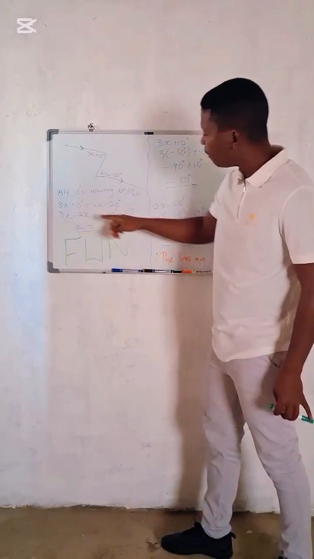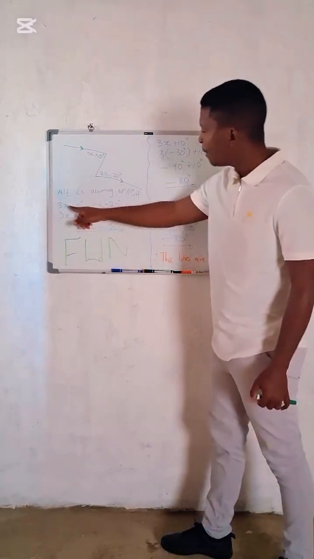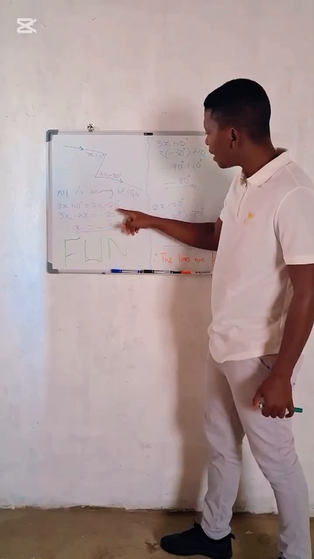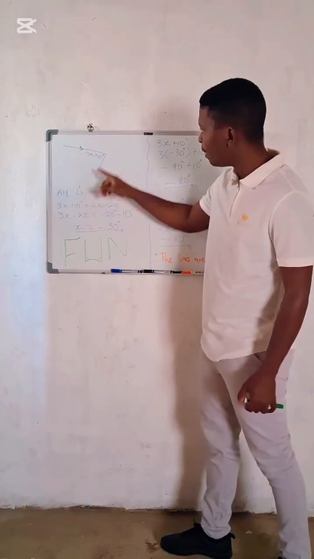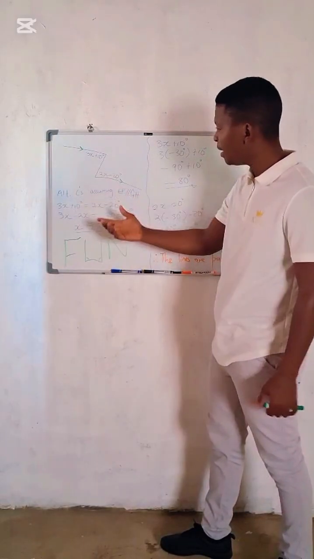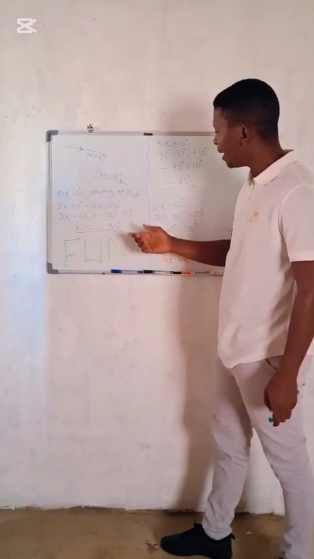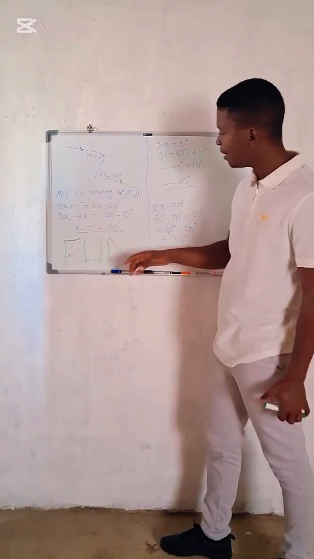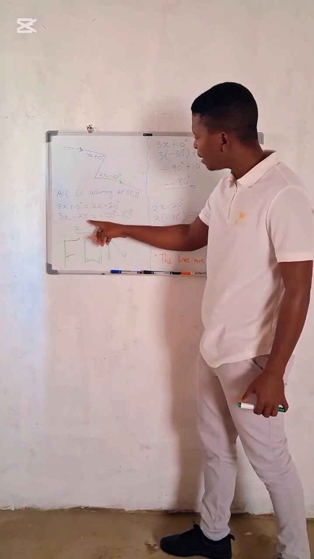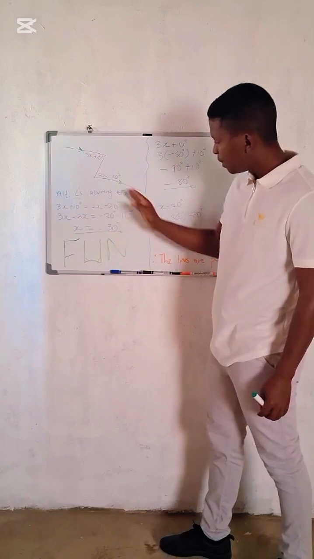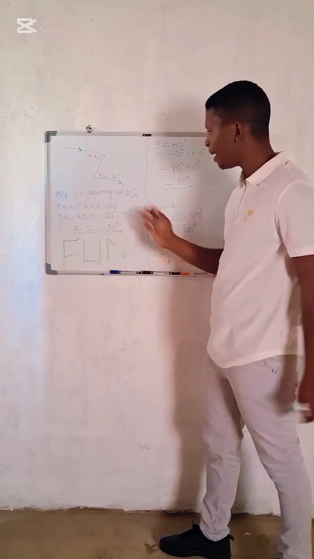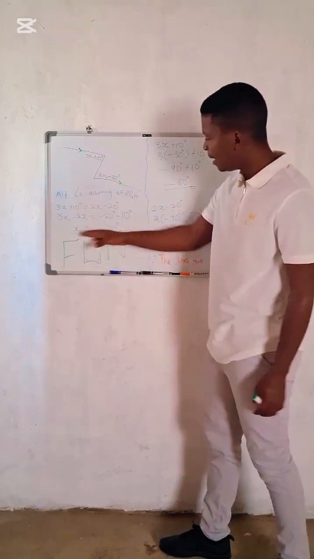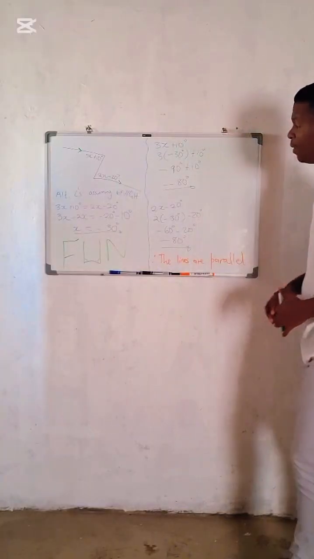I had to first find the value of x. 3x plus 10 is equal to 2x minus 2. They are equal, because we are dealing with alternating angles. Then 3x minus 2x is equal to the values on the right, variables on the left. Then x was negative 30.